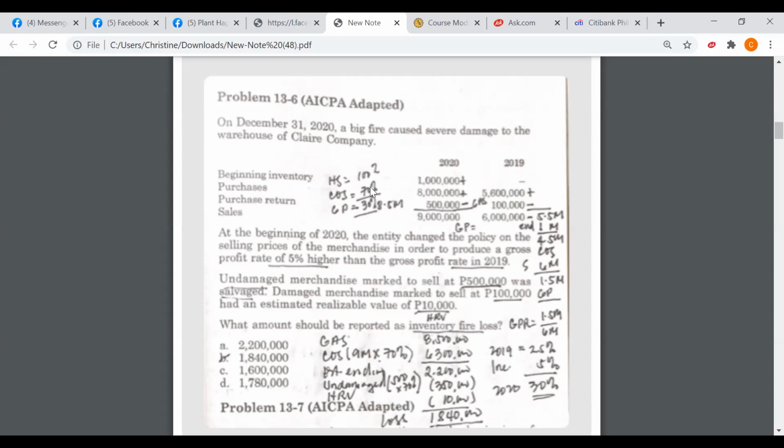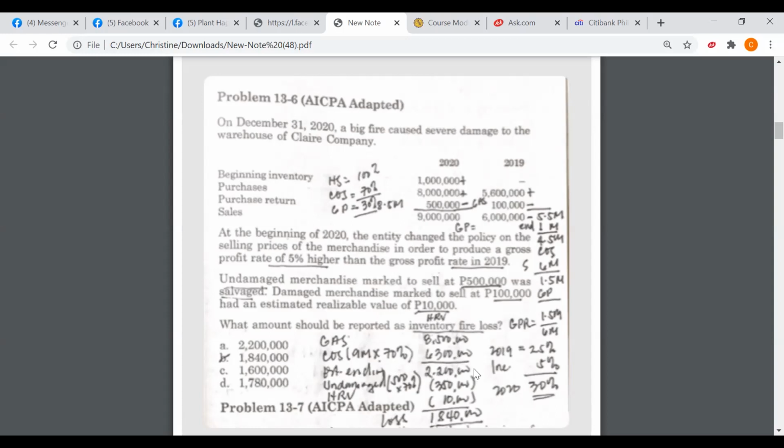So we'll compute the 2020 GAS: beginning, plus purchases, less your return. That's your GAS of 8.5. Here, your COS now must be your sales multiplied by the COS rate of 70%. So that's 6,000,000. GAS minus your COS is now your estimated ending.